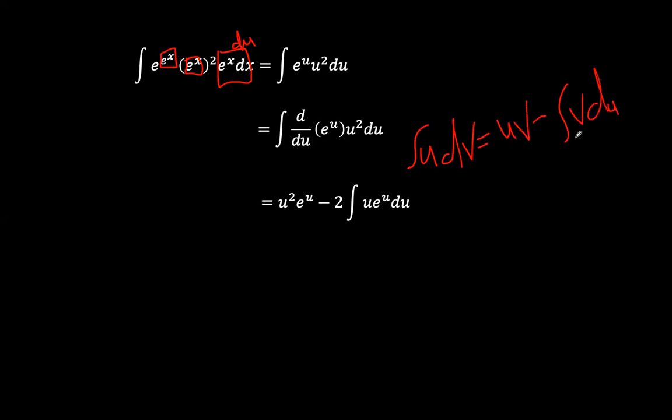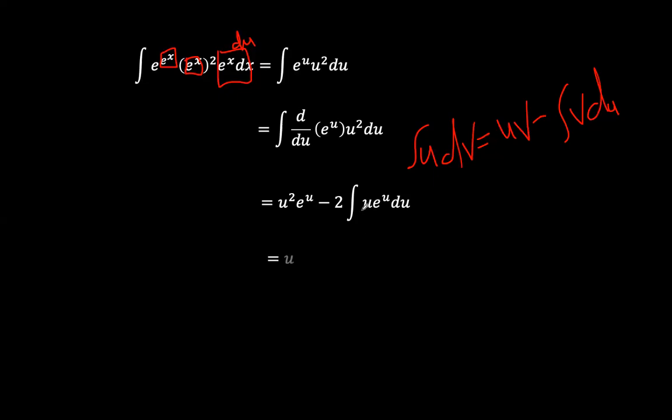Here we could take V to be e to the power u and U to be u squared. So UV is u squared times e to the power u minus, the derivative dU is 2u, so the constant 2 comes out, and then we have u times e to the power u.